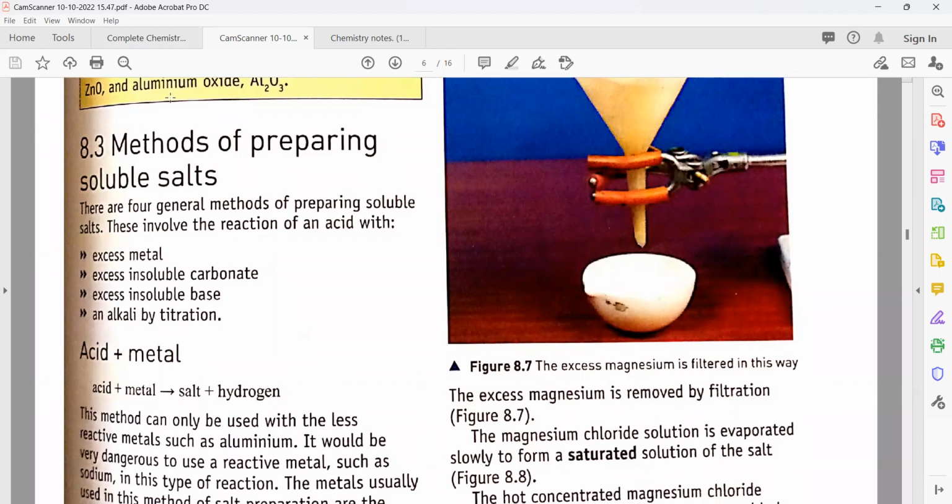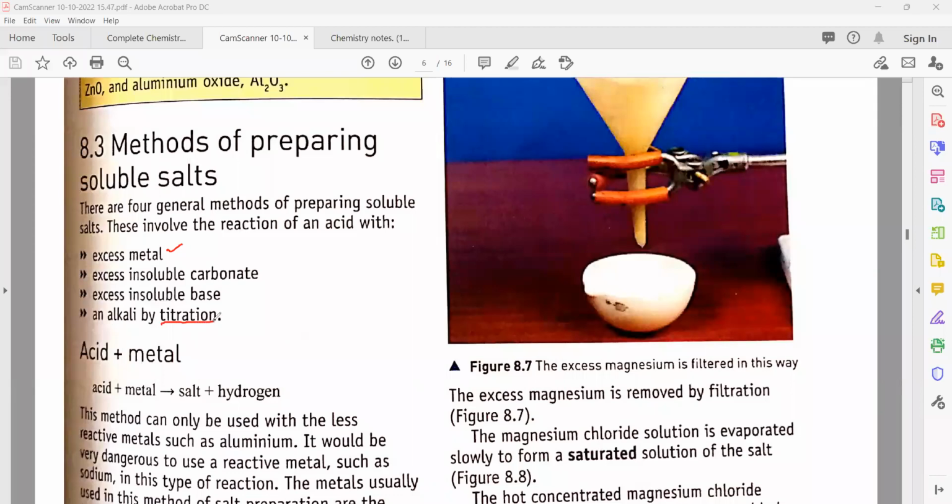Here, there are 4 general methods of preparing soluble salts. These involve the reaction of an acid with excess metal (you know very well, metals are sodium, potassium), excess insoluble carbonates, meaning CO3, excess insoluble base, OH, and alkali by titration.